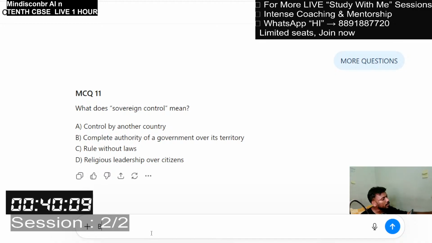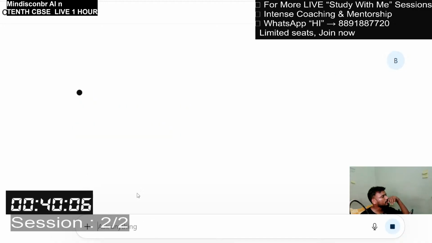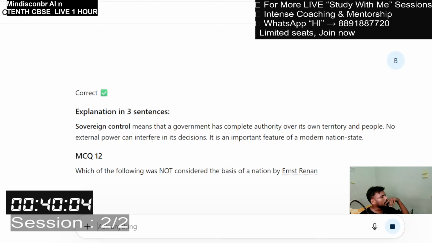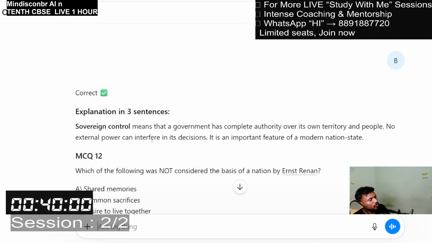I think it's B. Correct. Sovereign control means that a government has complete authority over its own territory and people. No external power can interfere in its decisions. It is an important feature of a modern nation state.